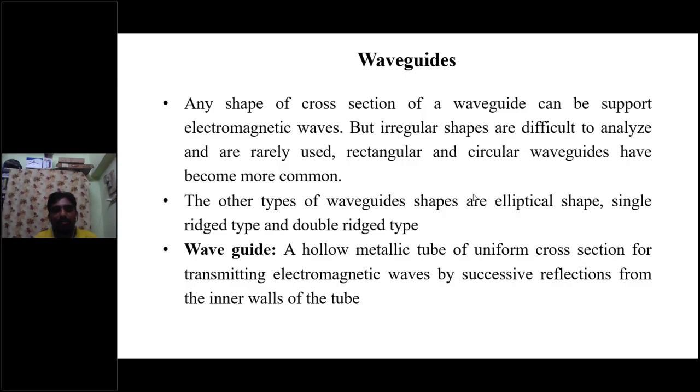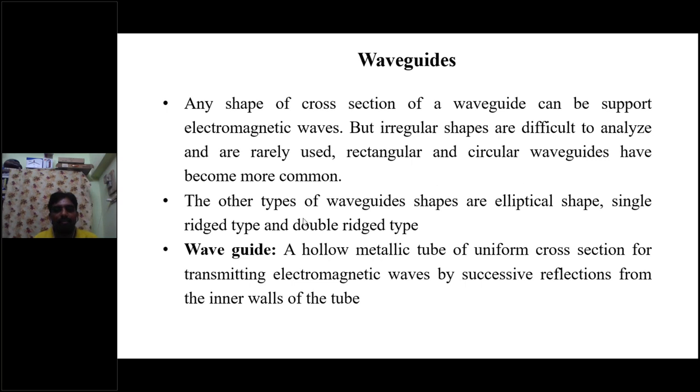Without analysis, we can't say whether the mathematical expressions we develop for electromagnetic analysis are correct or not. With rectangular and circular waveguides, it is very easy to analyze the components. For the other shapes, analysis is possible but very difficult, so I am not going into that.